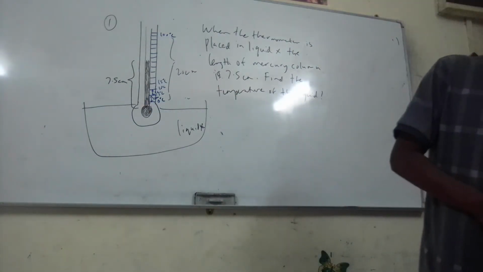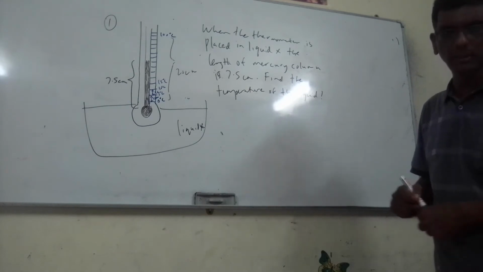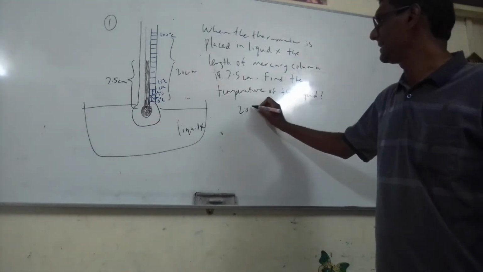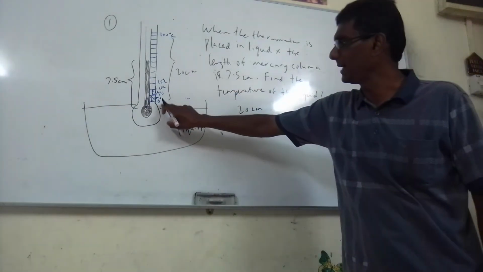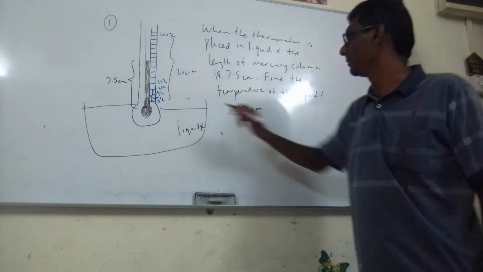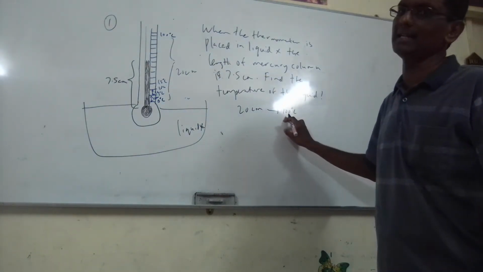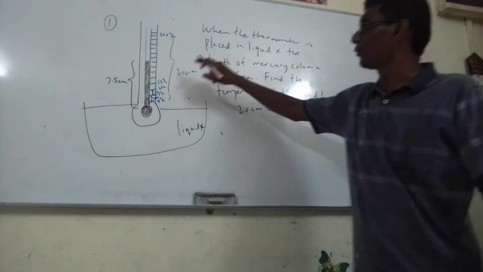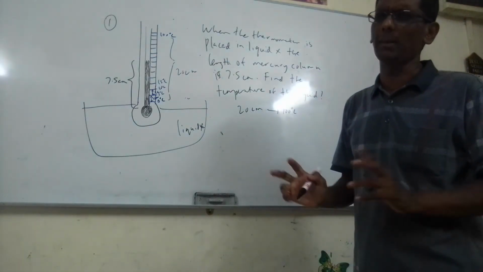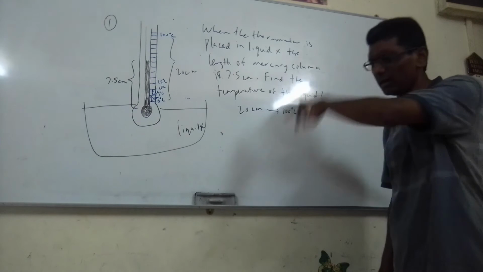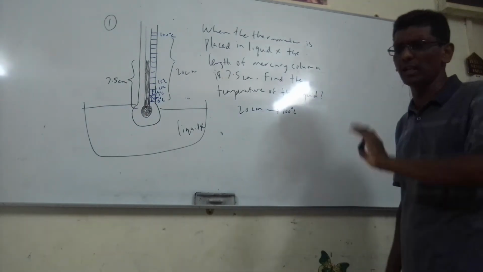For example, 20 cm from 0 to 100 has a difference of 100 degrees Celsius. There's a formula in the book, but I don't prefer the formula. I prefer this manual way.